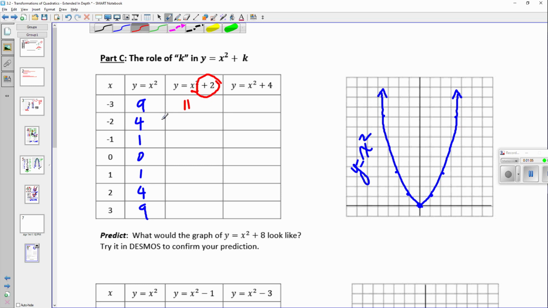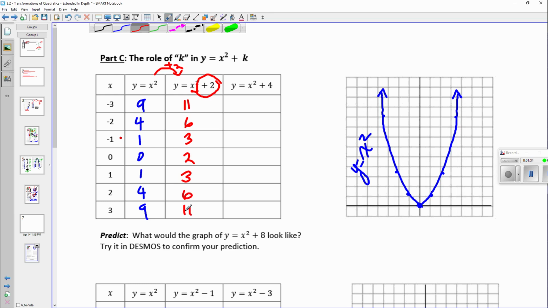And then our 4 becomes 6, our 1 becomes 3, our 0 becomes 2, because we add 2 to it, and we do the same for each of these. So this means just add 2 to everything that's in the first column. So now, let's continue. We end up with 3 again, 6, and 11.